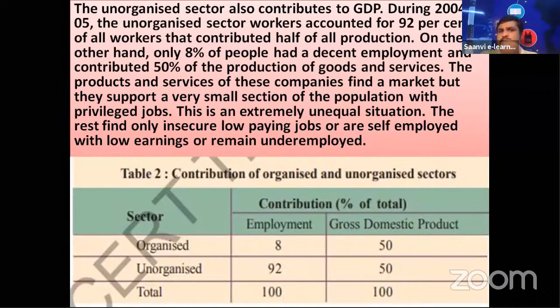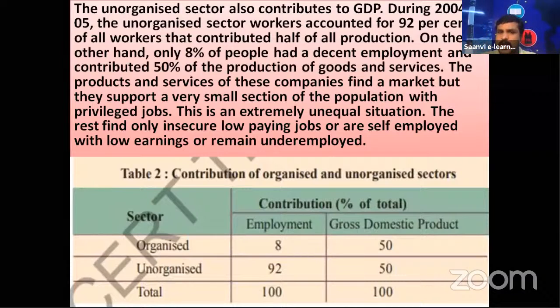Here what happens? These 92% of the people in the unorganized sector have insecure, low-paying jobs. That is very important. When we get opportunities in the organized sector, we get good income. We can afford anything. But here, what is the problem?